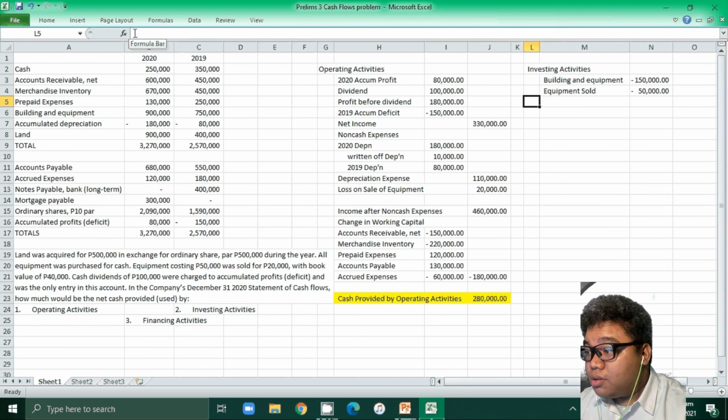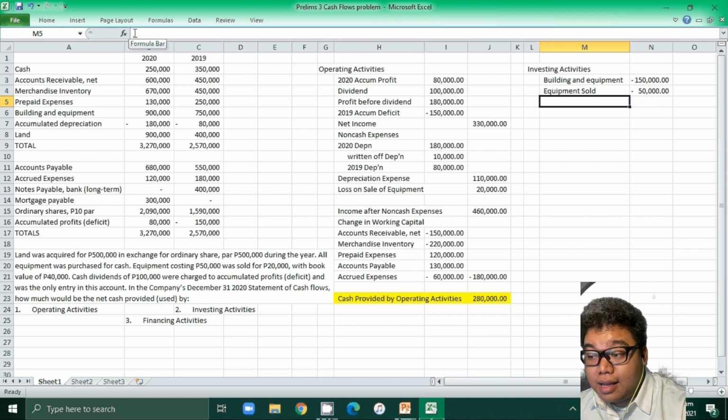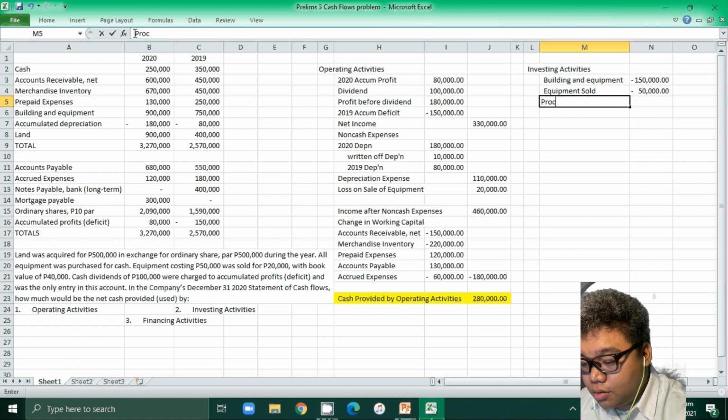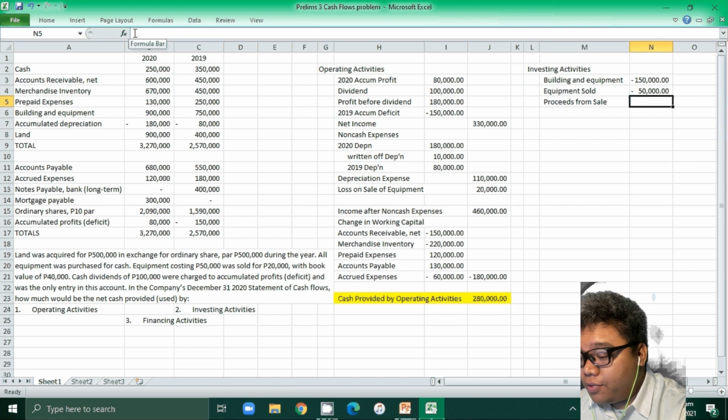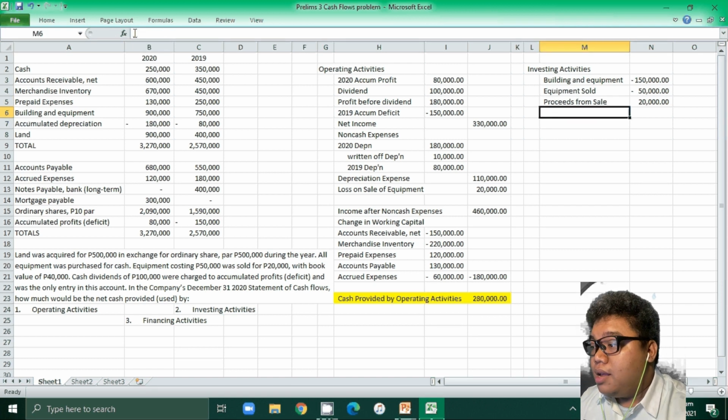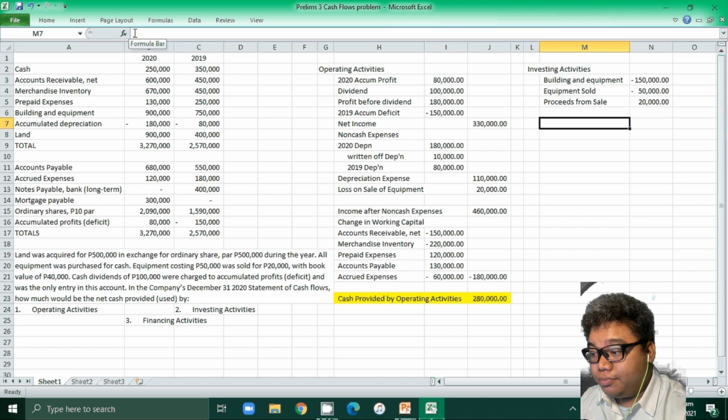Now we need also to consider that the cash inflow from the equipment sold would be an inflow for investing activities. So the proceeds from sale of 20,000 would be included here.